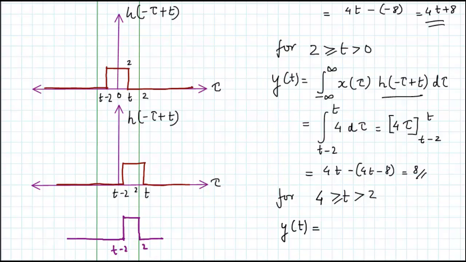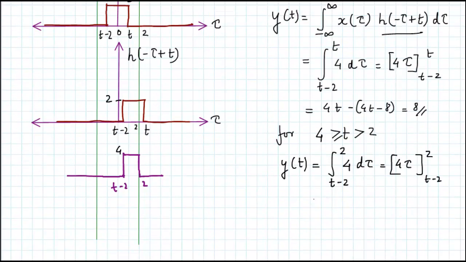So the limit goes from t minus 2 up to 2, and within that the amplitude is 2 into 2, which is 4, because here also the amplitude is 2. So 4 d tau gives 4 tau with limits t minus 2 and 2.